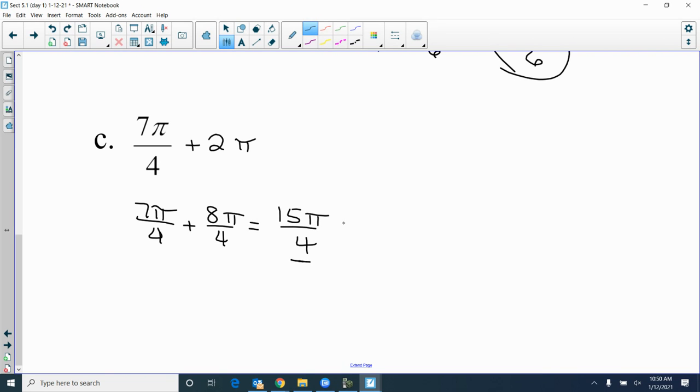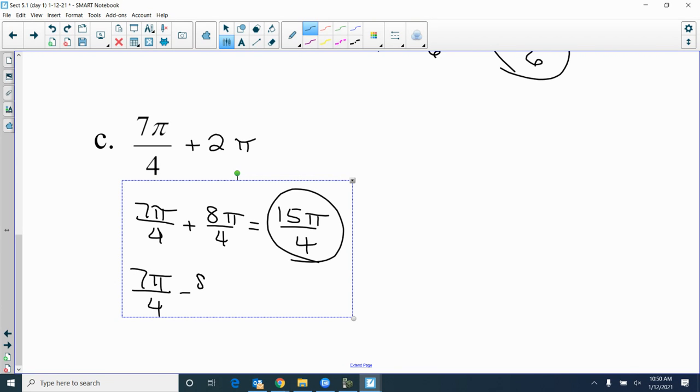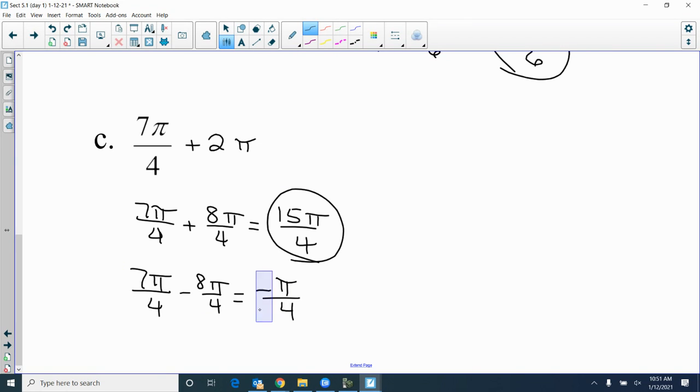And then 7 pi over 4 minus 8 pi over 4 would be negative pi over 4. So that's a positive and a negative coterminal angle: 15 pi over 4, negative pi over 4.